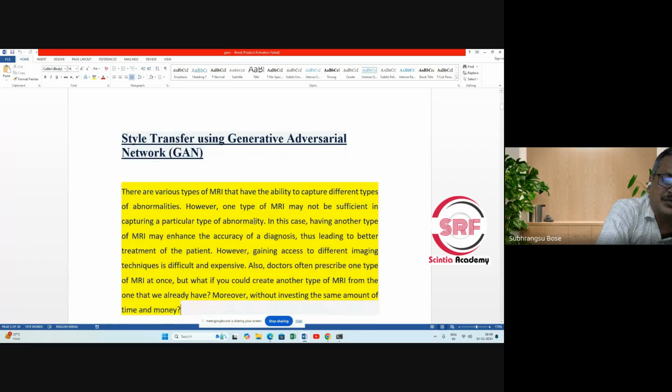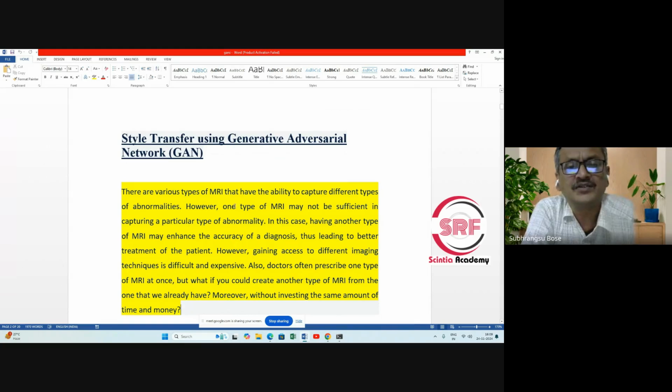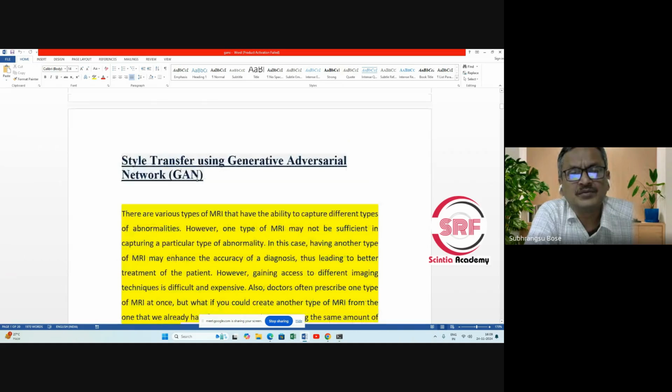Before analyzing the GAN theory, we should know neural networking, because neural networking is the basic tool to analyze any image, any picture through this model, generative adversarial network.